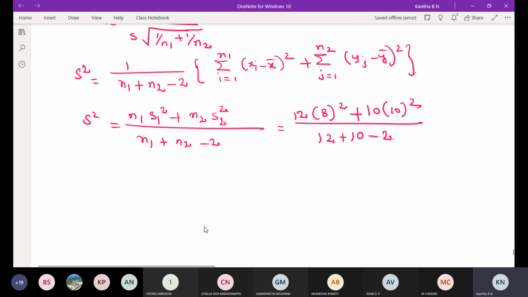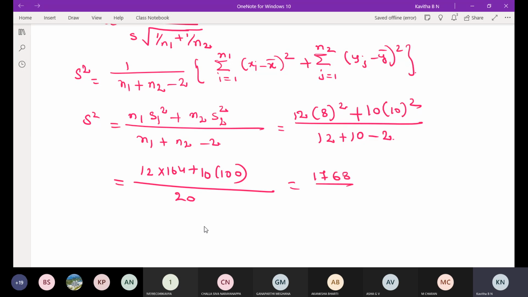Then we are getting 12 into 164 plus 10 into 100, divided by 12 plus 10 is 22 minus 2 is 20. Then we are getting 1768 by 20 is equal to 88.4. So s is equal to square root of 88.4, s is equal to 9.402, approximately 9.4.